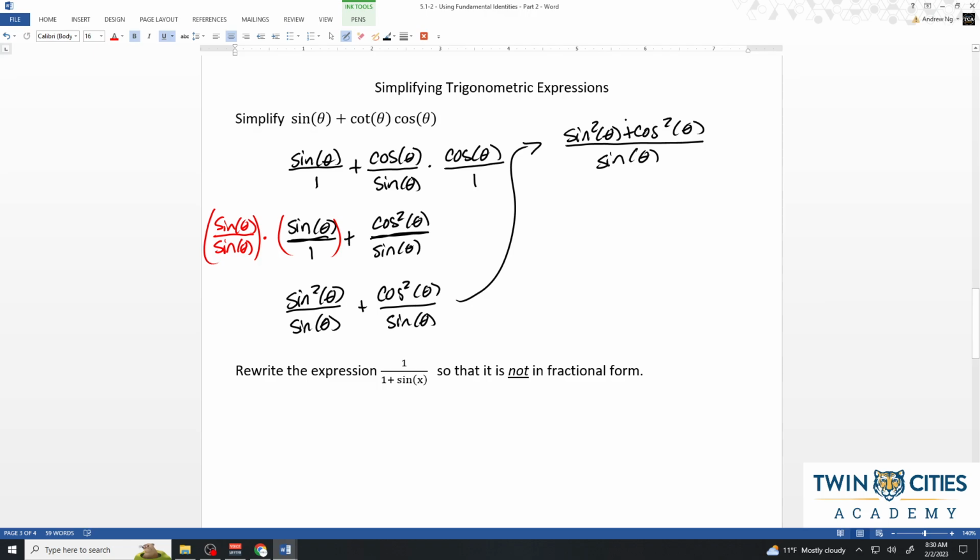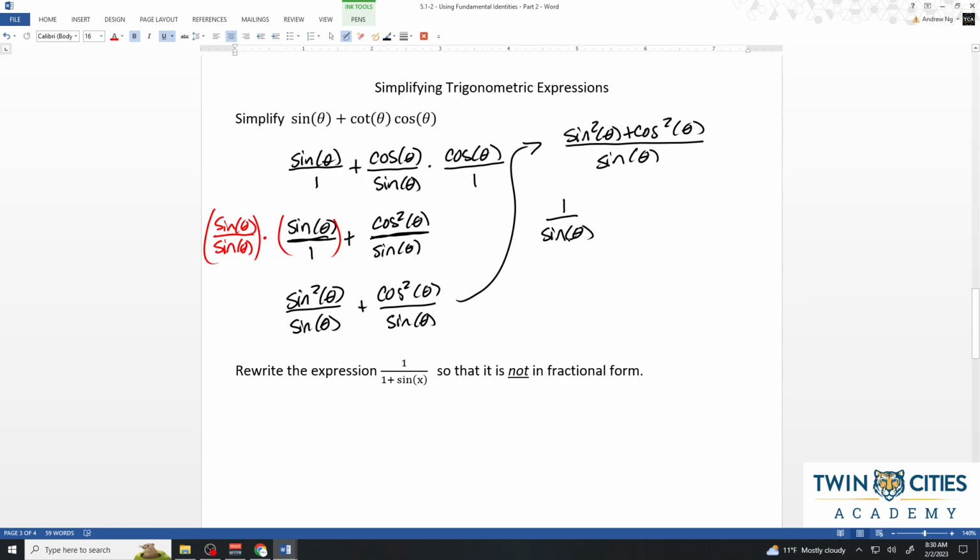Oftentimes I want to look at my Pythagorean identities and see if there's anything there that'll help us. And one of those Pythagorean identities happens to be sine squared plus cosine squared equals 1. So this sine squared plus cosine squared, the top part of this, is just 1. This is the same as 1 over sine of theta.